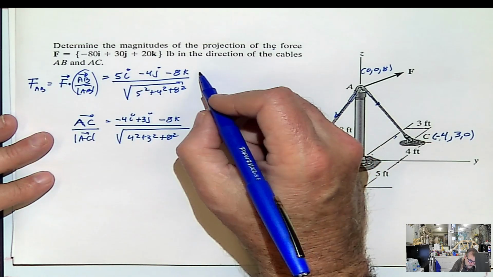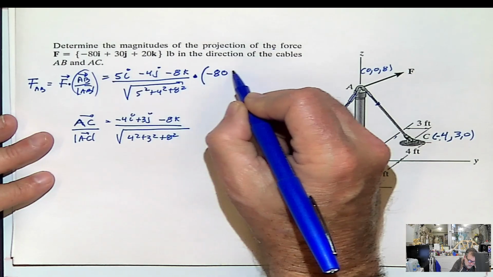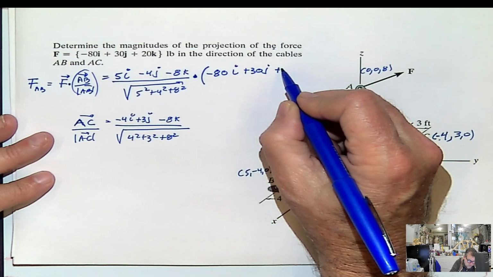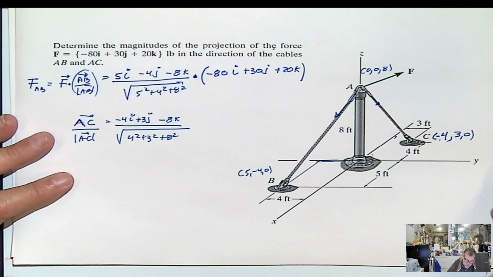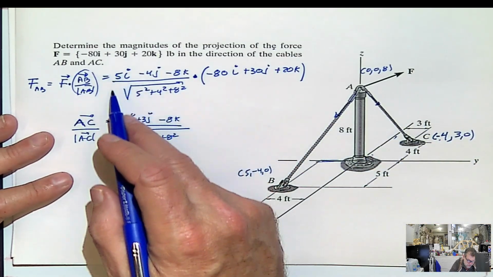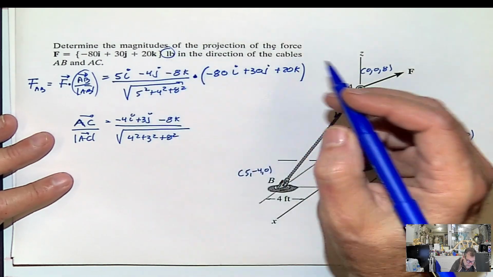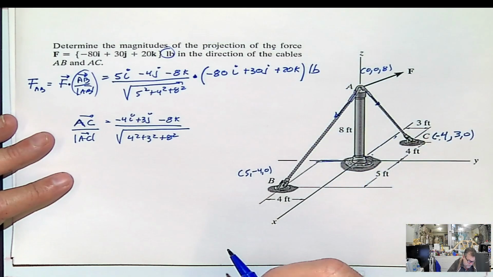And then I multiply my force here, dot multiply by negative 80I plus 30J plus 20K. Of course, the answer is going to be given in the units that we have here, which are pounds. I was already talking bad about the problem, you see.